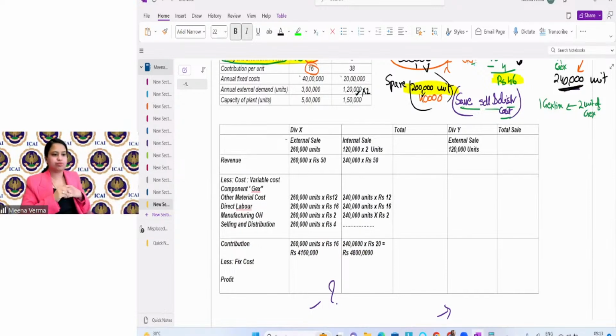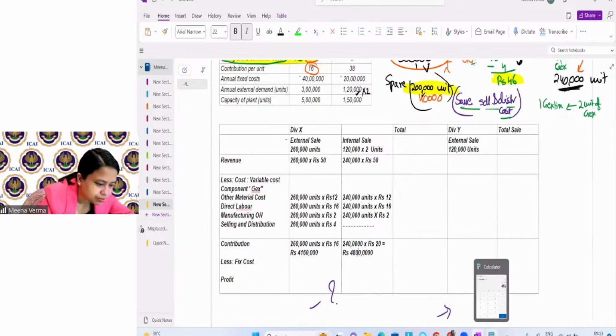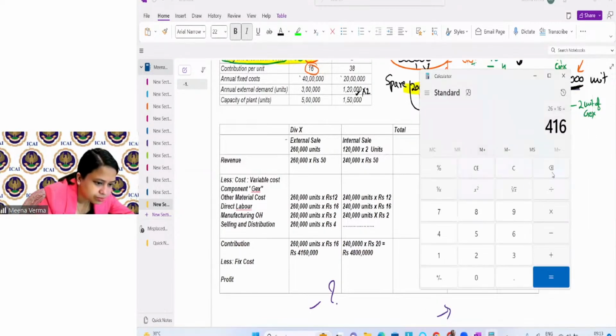This will be the contribution. Add it to get the total contribution. So the total contribution will be plus 4160, 8960.